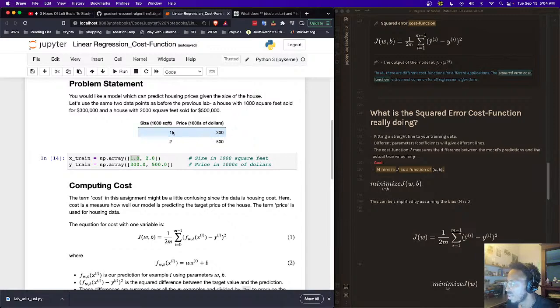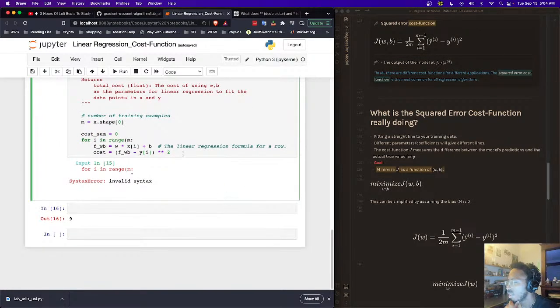Does that make sense? So we're going to perform our linear regression function for this x, take whatever we get from that function, subtract this value from it, and then take whatever that number is and square it. That's what's happening here. Okay, that makes sense.